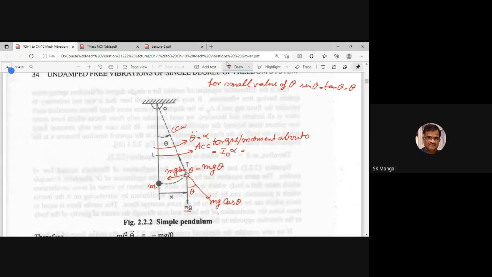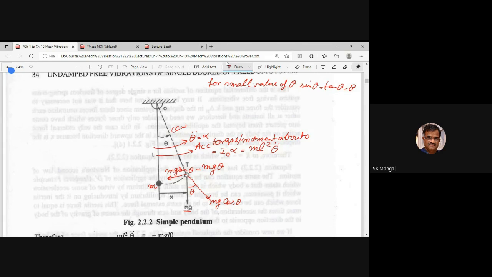And you know the I about O for a lump mass system of M is given by M L square into theta double dot.